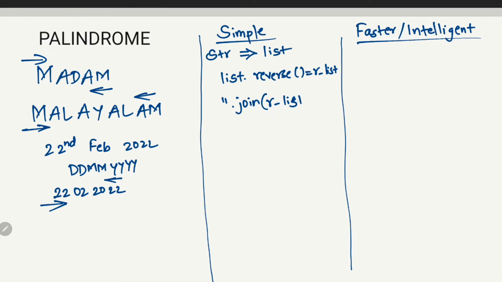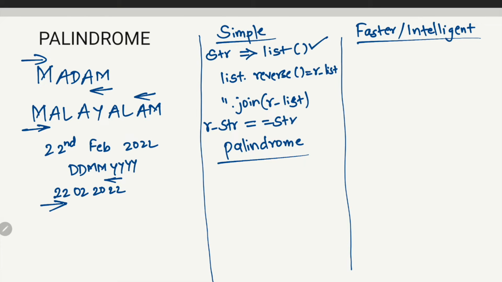This will give us the reverse string. Once we have the reverse string, we compare it with the string, and if both strings are the same, the given string is a palindrome.